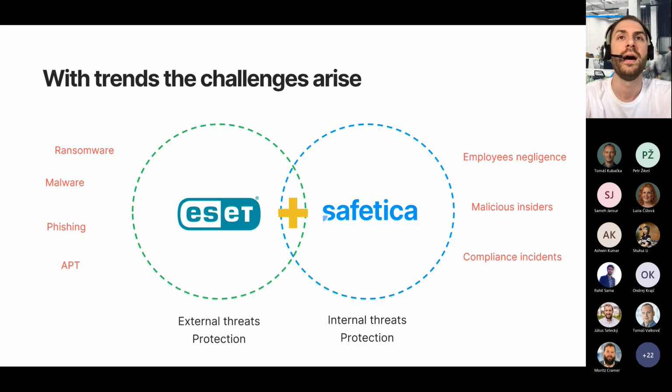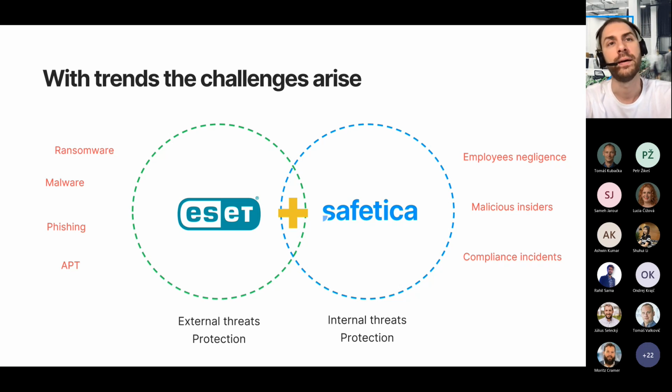At the same time, these trends attract many threat actors attacking companies with ransomware, malware, phishing attacks, and advanced persistent threats. And this is where ESET steps in with its protection against the external threats.